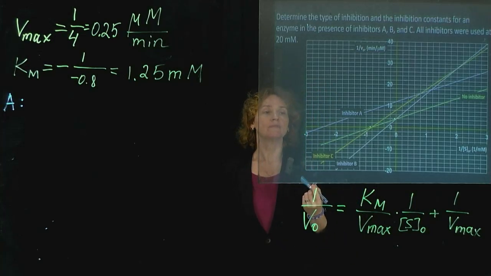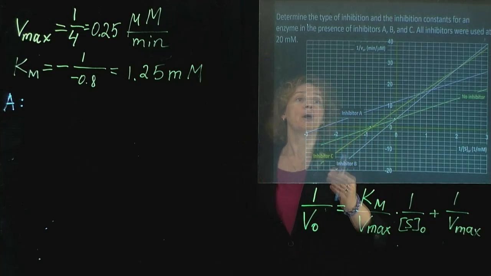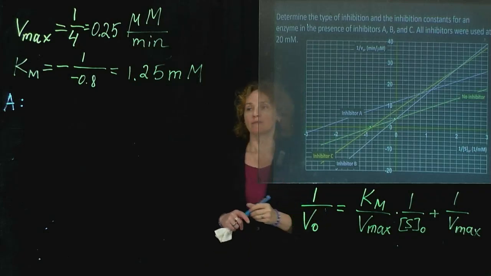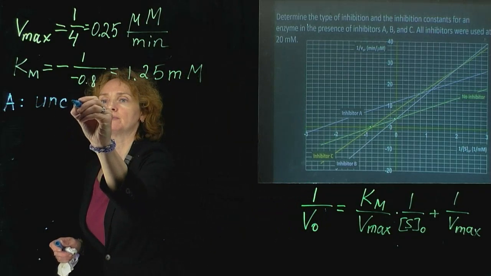And we know that this happens when our maximum velocity and our Km are decreased by the same factor. And this is the case for uncompetitive inhibition.